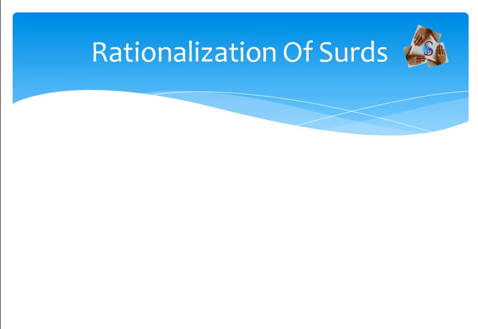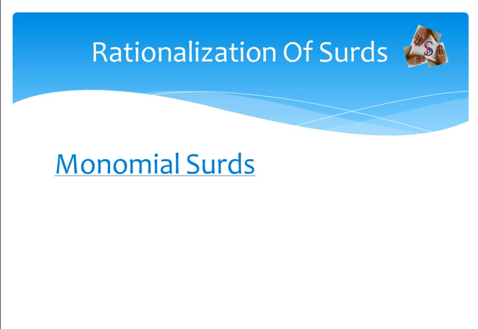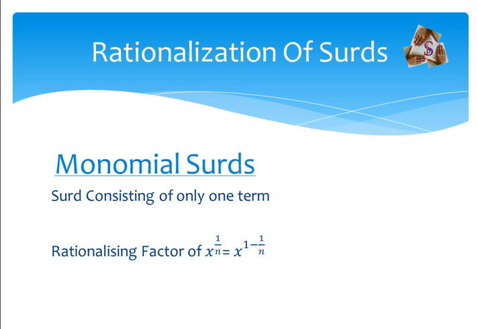Proceeding further, let us now try to understand how we rationalize surds. We begin with monomial surds. Monomial surds means it is a surd which consists of only one term. So the formula that we can apply here is: if x to the power of 1 by n, then its rationalizing factor will be x to the power of 1 minus 1 by n.